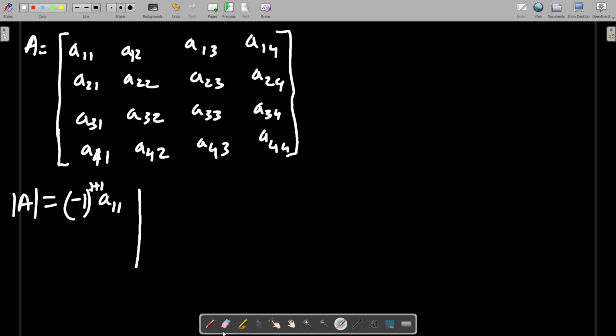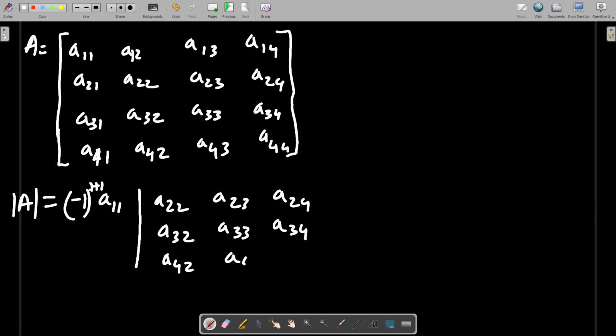What remains, we'll get as the determinant of this matrix: A22, A23, A24, A32, A33, A34, A42, A43, and A44.